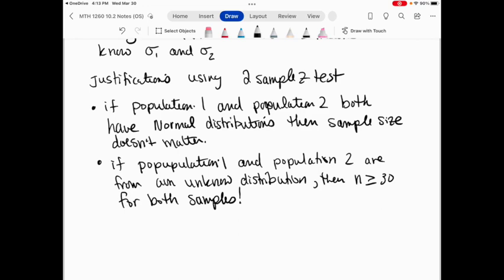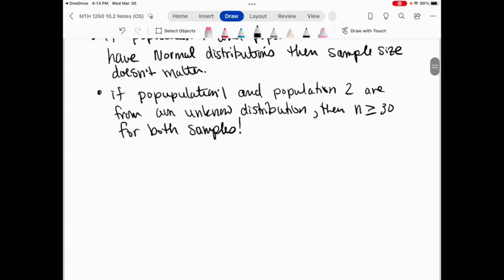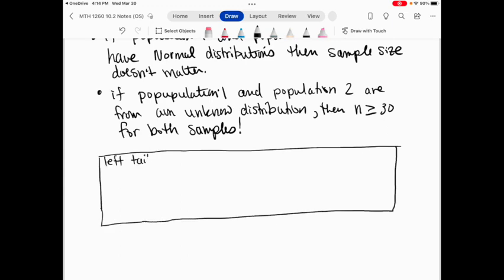Now, the steps are the same for the hypothesis testing. We're just going to set up our step 1 and step 2 a little bit differently. When we set up our hypothesis, in the first step, if it's a left-tailed test, then our null hypothesis is going to be mu1 minus mu2 is equal to 0.